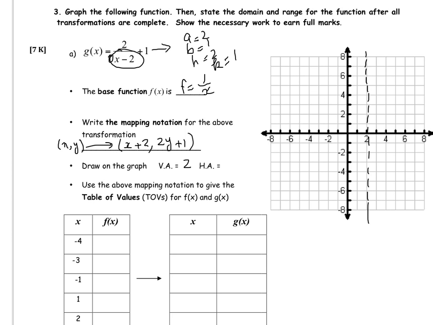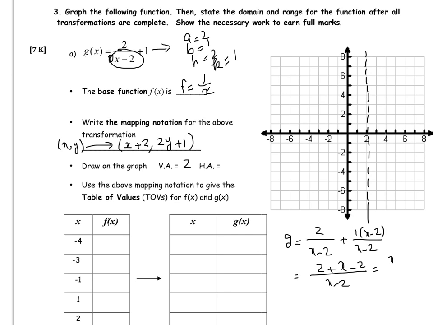For the horizontal asymptote, we can find the simplified fraction. If I take the common denominator of x minus 2, I multiply by x minus 2 and divide by x minus 2. I get x minus 2 in the denominator, and in the numerator 2 plus 1 times x is x, and 1 times negative 2 is negative 2.